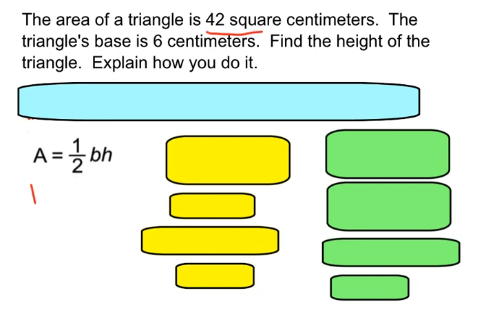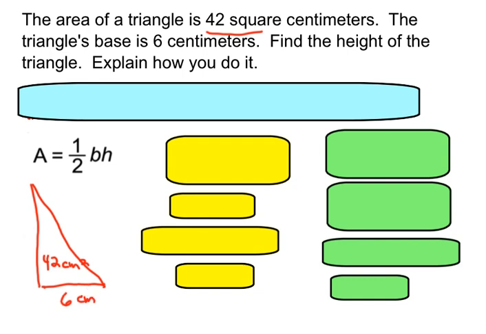So what we have is, if we sketched it out, we could say we've got ourselves a triangle with an area of 42 square centimeters. Okay? And we know that the triangle's base is going to be 6 centimeters.